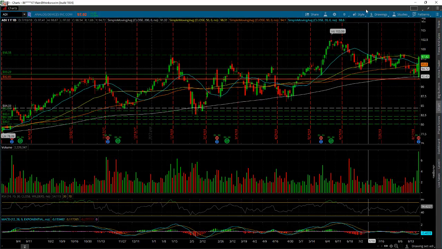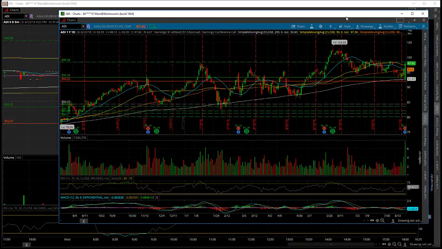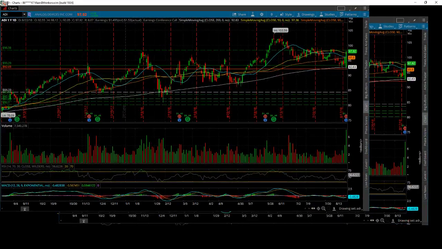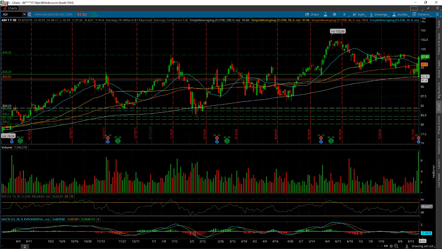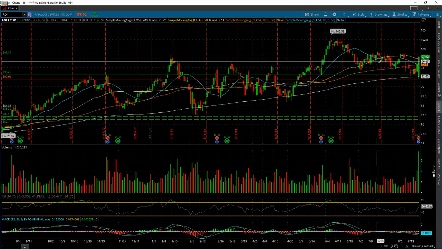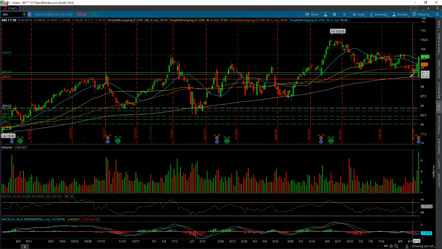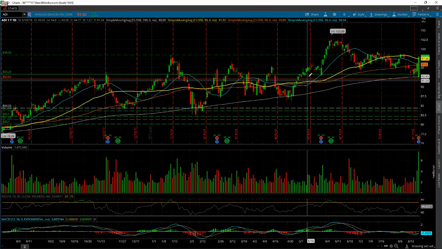And, oh, I forgot to look at where we were trading. Okay, today, this morning we were trading between $92 and $93. So we were in this window right here. Let's see.